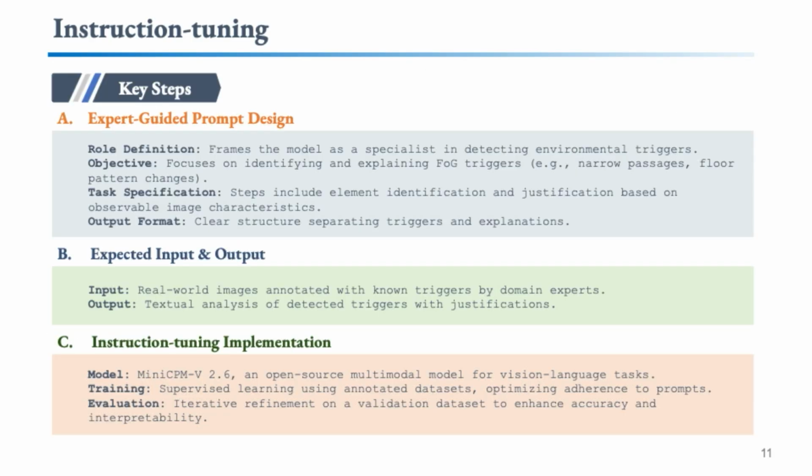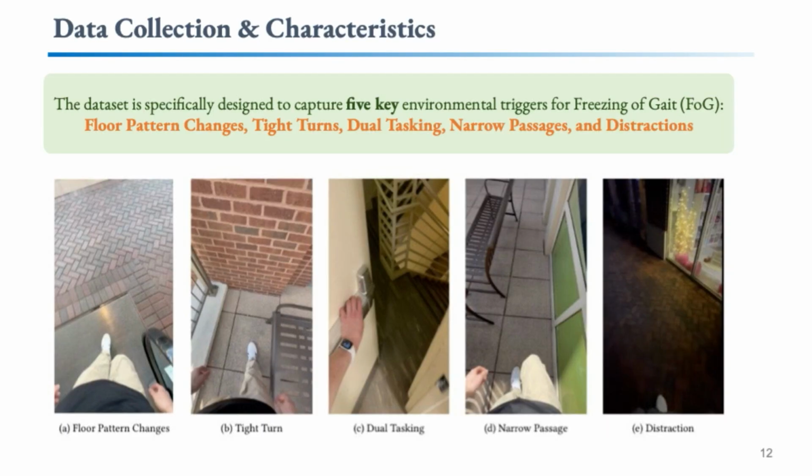We used expert-guided prompts that frame our model as a specialist in a domain like environmental trigger detection, and we specified what to look for in the image and how to explain their findings. We iteratively refined it on a validation dataset to improve both accuracy and interpretability.